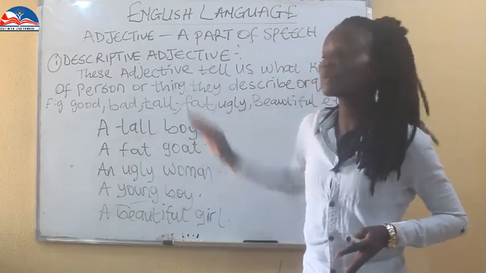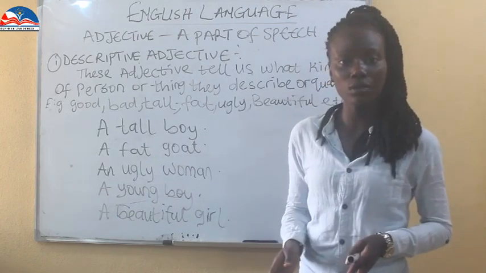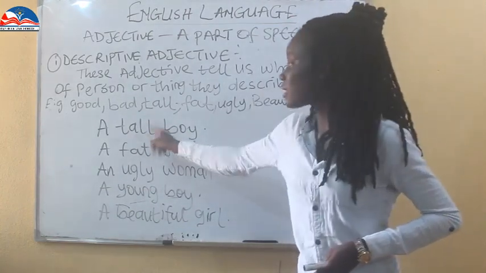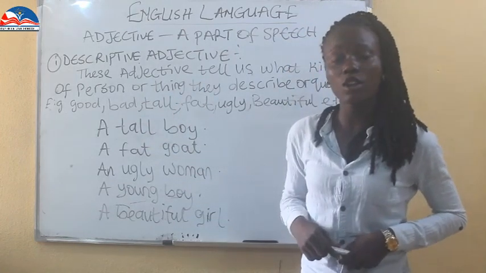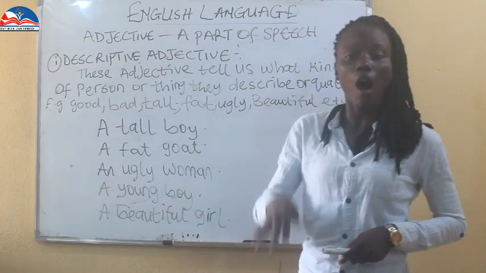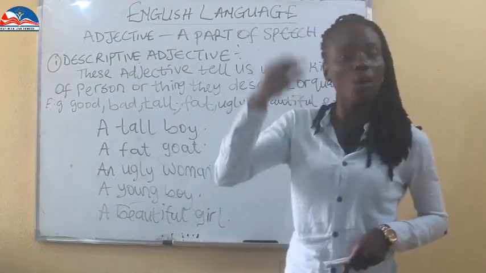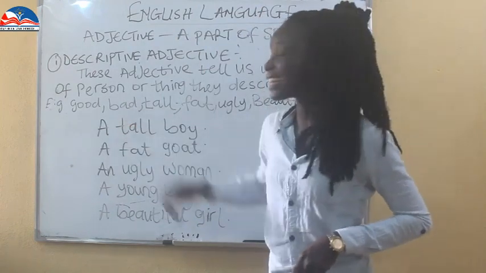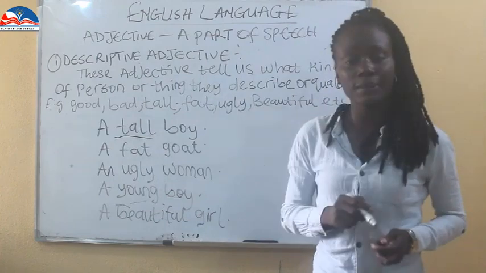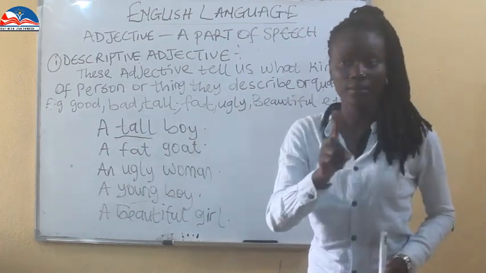Now this descriptive adjective tells us the kind of person you're talking about. This descriptive adjective will tell us the speaker is not talking about a short person or a person with an average height, but someone who is tall. So now it's indicating a tall boy. This tall is a descriptive adjective describing the noun boy.